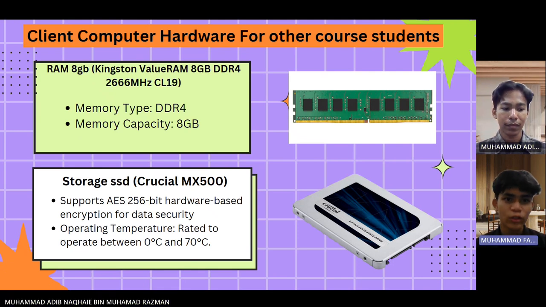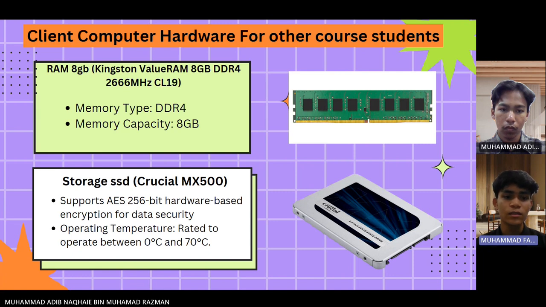So this is our client computer hardware for other course students. First, our RAM is an 8 gig Kingston ValueRAM DDR4 2666 megahertz CL19. Next is our storage. We use SSD Crucial MX500.